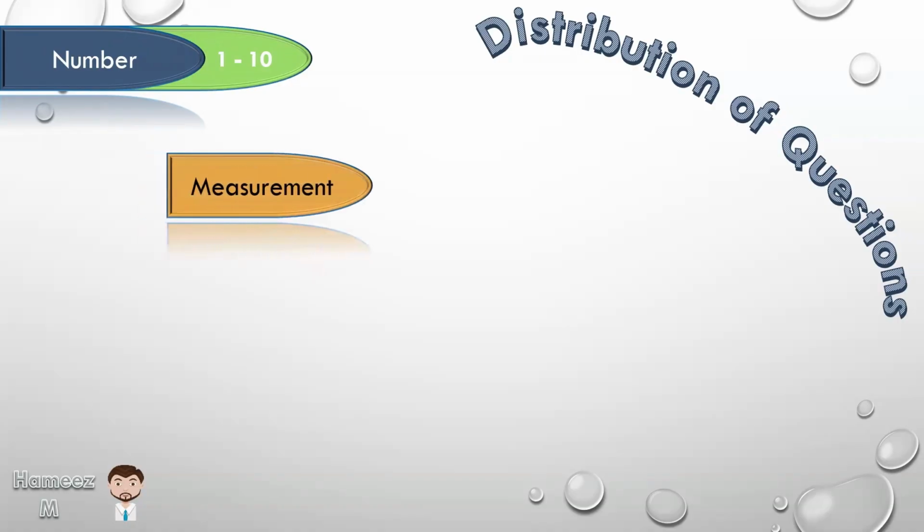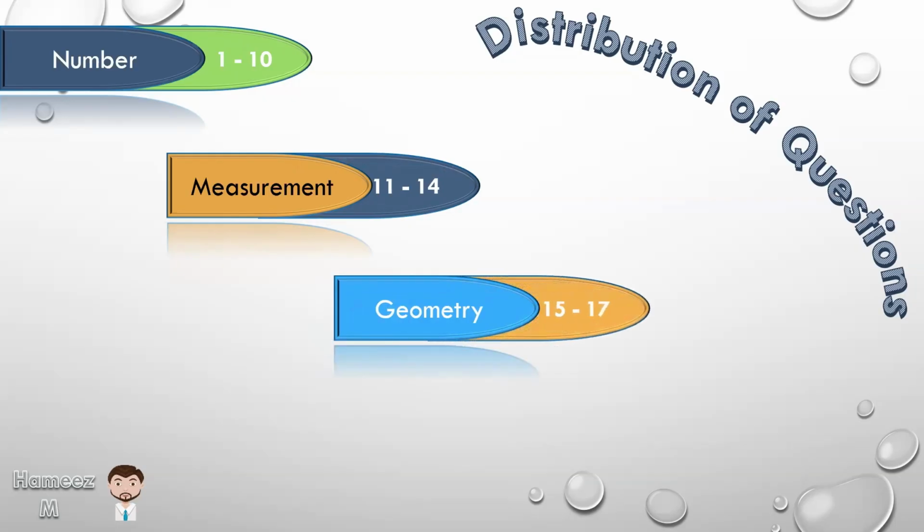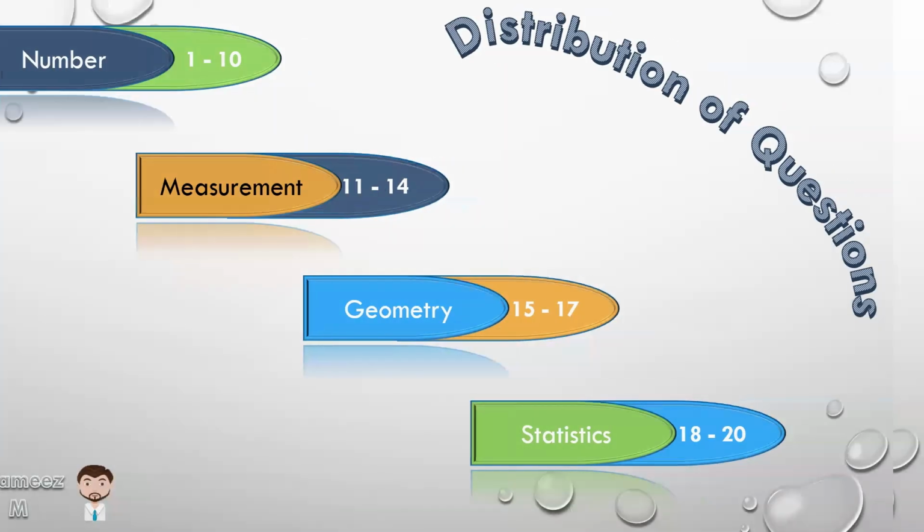And the next strand will be Measurement, which takes the next 4 questions, which are 11, 12, 13, and 14. And the last 6 questions in Section 1 are shared between Geometry, 3 questions for that, 15, 16, and 17, and Statistics, 18, 19, and 20. So that covers the 20 questions in Section 1 in this 2023 paper.